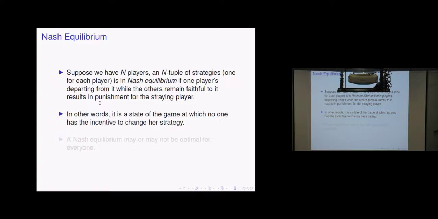Because if he moves away, and other people do not change their strategy, he gets worse. So there's no incentive for him to move. Okay, so a Nash equilibrium may or may not be optimal. Again, we are going to see examples. But nevertheless, this equilibrium is a very, very important concept in game theory and also in economics.